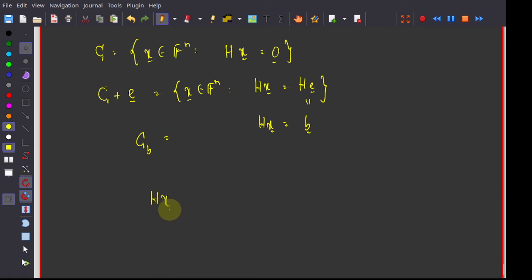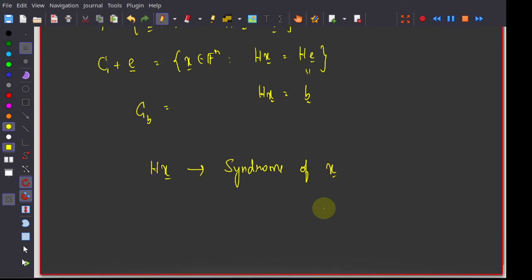For any x, H times x is what is called the syndrome of x, using the parity check matrix H. Now let me collect all possible vectors which give me one particular syndrome.